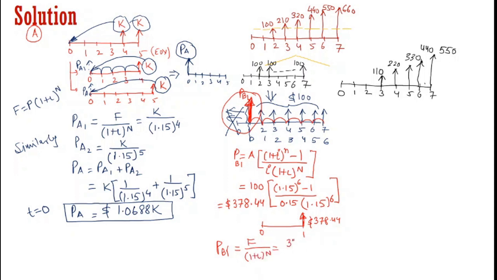Just writing down the numerical values, F is given as this divided by 1.15 to the power, in this case it will be 1. If I just compute this, it comes out to be 329.085. Check my calculations. Fine.